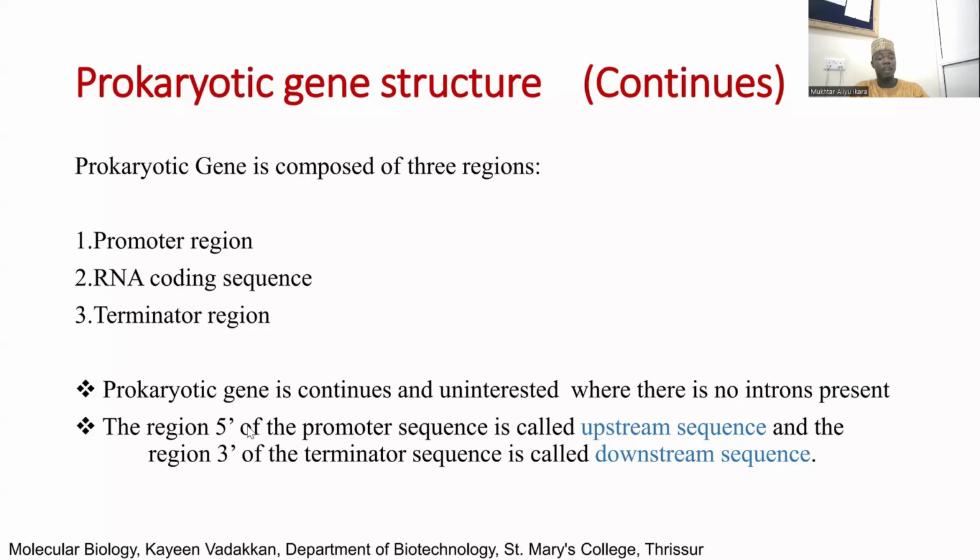And then the 5' side of the promoter sequence is called the upstream sequence. So in the DNA, we have the upstream sequence and the downstream sequence. Let's say this is our gene. We have the upstream sequence, and then we also have the downstream sequence.